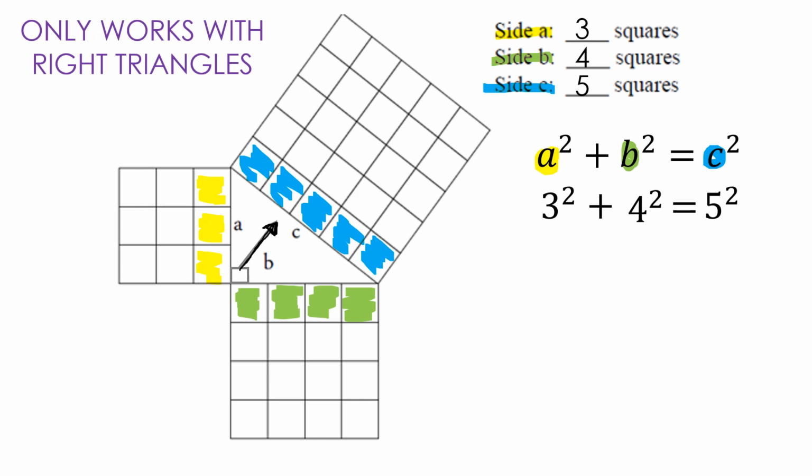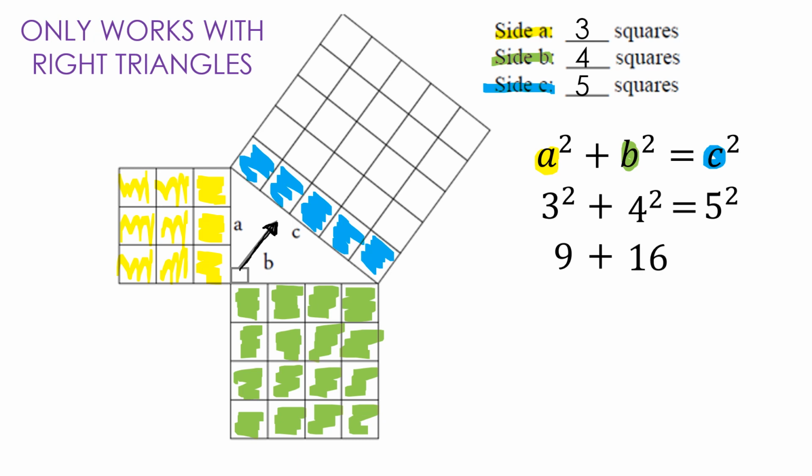If we take 3 to the second power, 3 times 3 will give us 9. And as you can see, we have a total of 9 squares for A. For B, 4 times 4 should give us 16. So we have 16 squares.